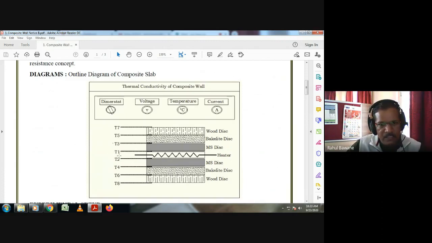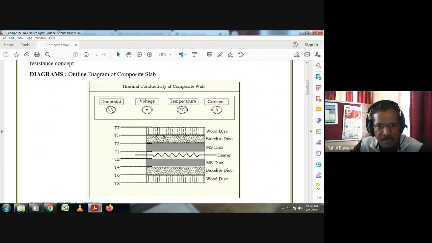The thermocouples which read T1 and T2 are attached to the inner surface of the MS plate, the surface which is facing the heater. Then T3 and T4 are the thermocouples attached to the outer surface of the MS plate, and these are the same thermocouples which read the inner surface temperature of the bakelite plate.